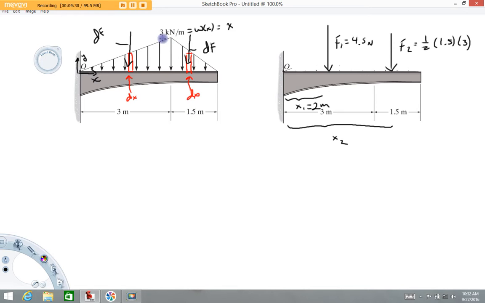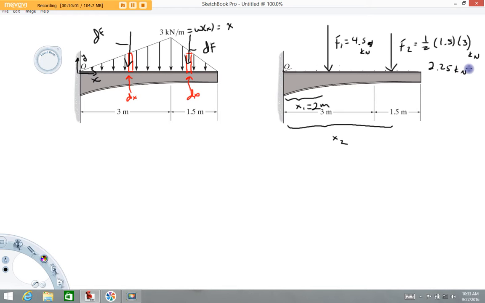When you take 3 kilonewton per meter times 1.5 meters, you get kilonewtons. And I need to go back. That 4.5 was actually kilonewtons, not newtons. And the units on this one are also kilonewtons. So this ends up being 1/2 times 1.5 times 3. That's 1.5 times 1.5, I think that's 2.25. 2.25 kilonewtons.